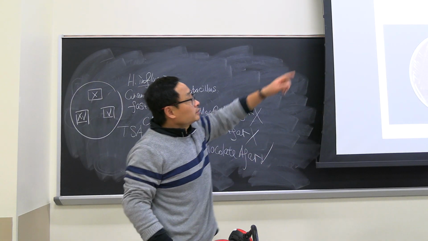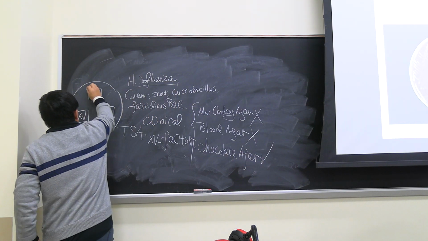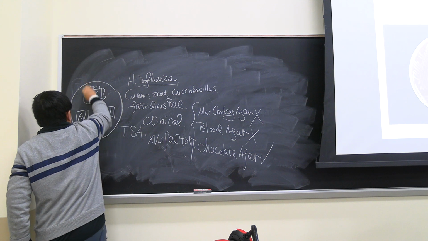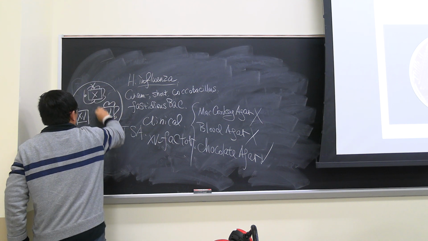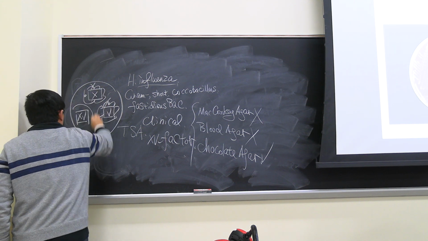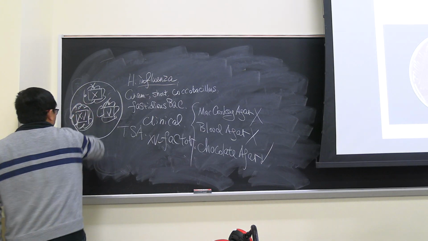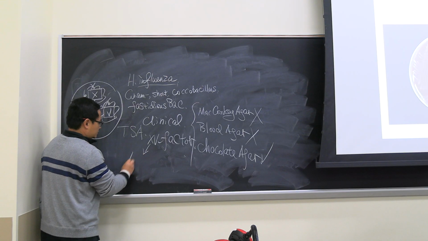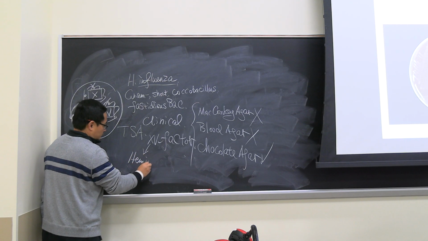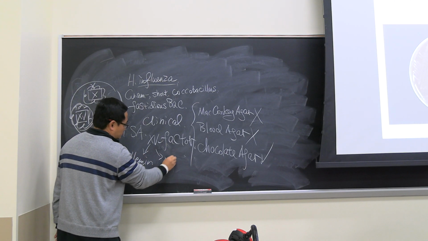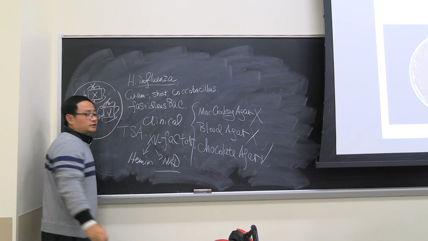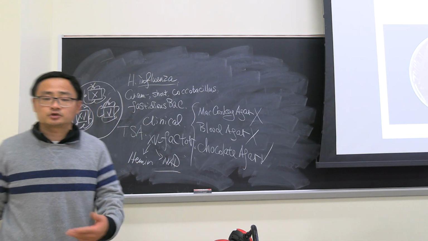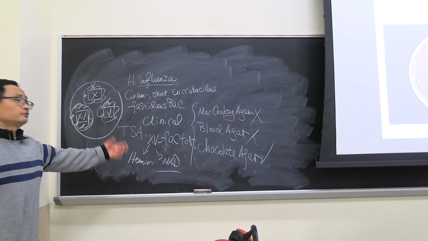They find that they didn't grow here. They didn't grow here. They grew only here. Now what are X and V? X is hemin, V is NAD, nicotinamide adenine dinucleotide, which is an electron carrier. So very picky.